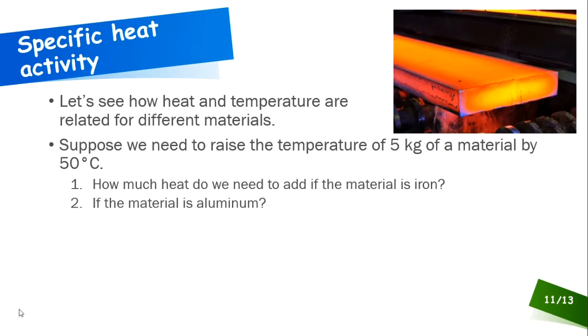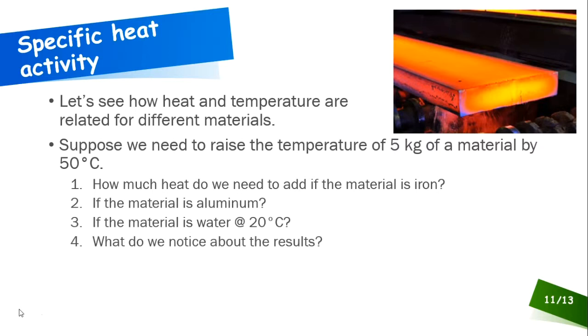And if the material is aluminum, run the same calculation. And if the material is water at 20 degrees Celsius, how much do we need to add to raise the temperature 50 degrees Celsius? And then finally, what do we notice about the results? So go ahead and stop the video here and work this out, and then come back to the video when you're ready and we'll see how you did.